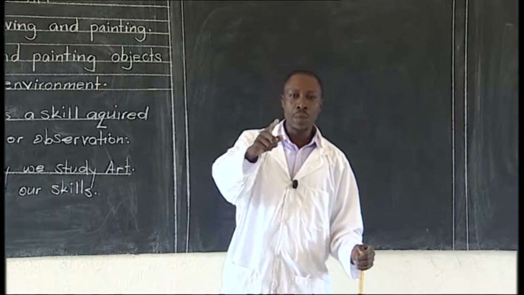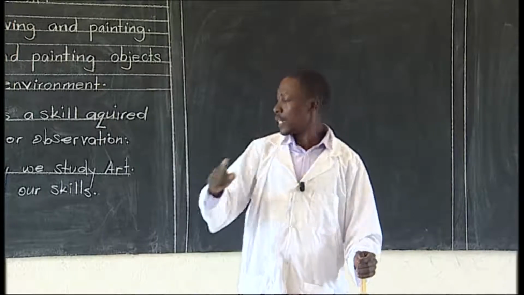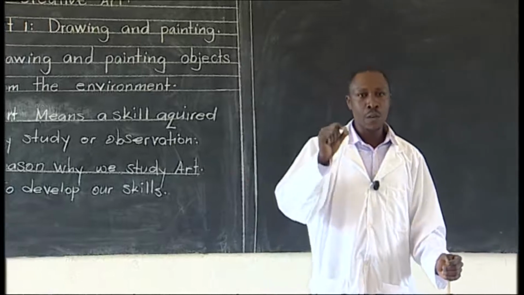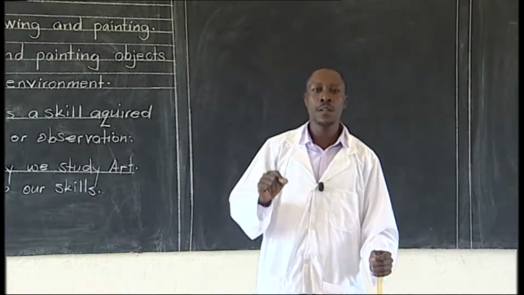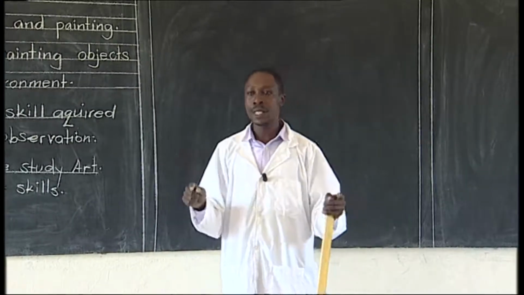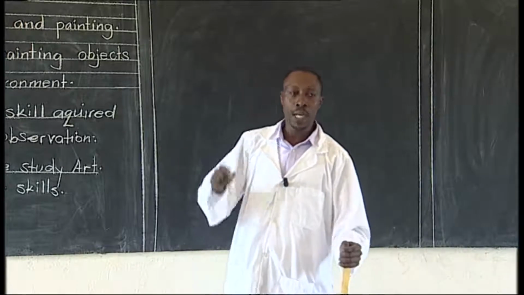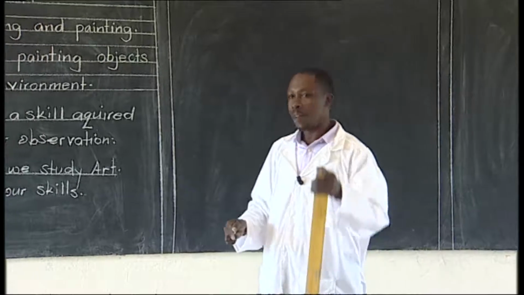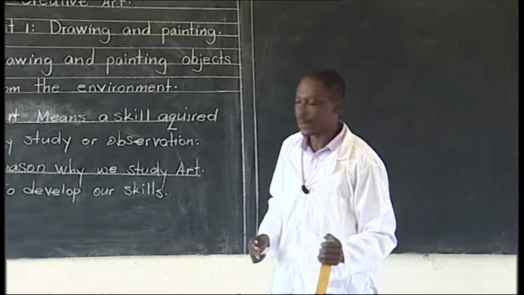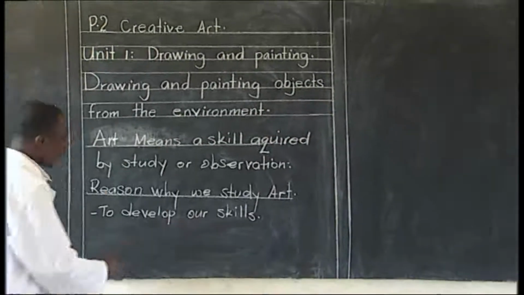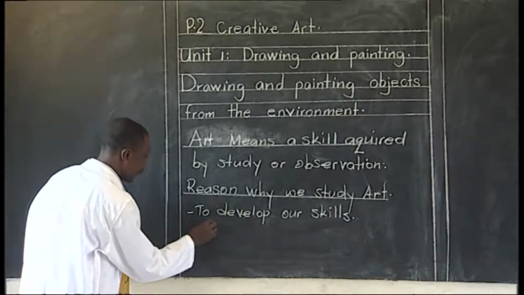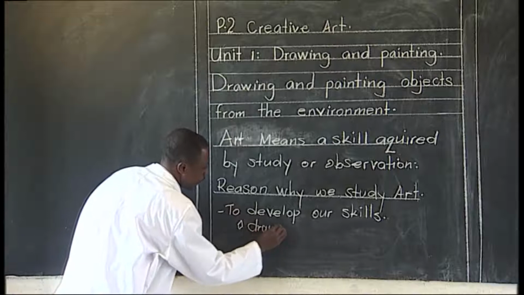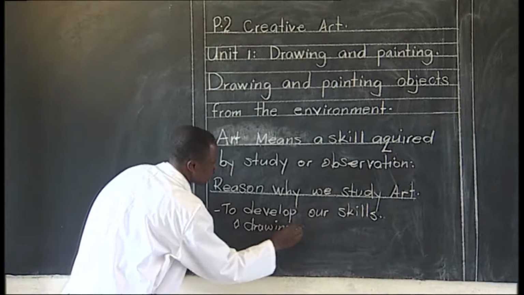Who can tell me one skill that we are going to develop when we are drawing different objects from the environment? Good. Thank you very much. I have liked your thinking. Clap for yourselves. Good. We have drawing skill.